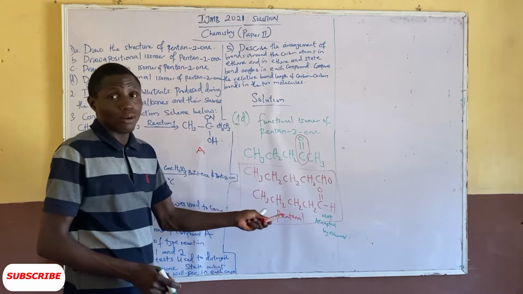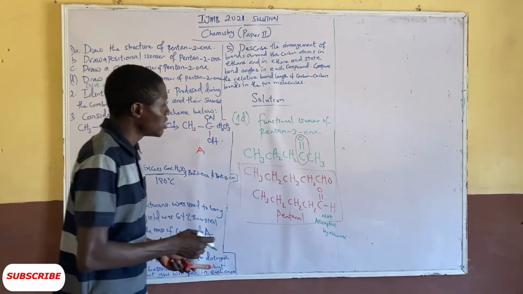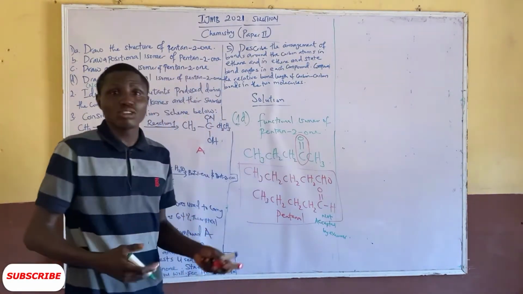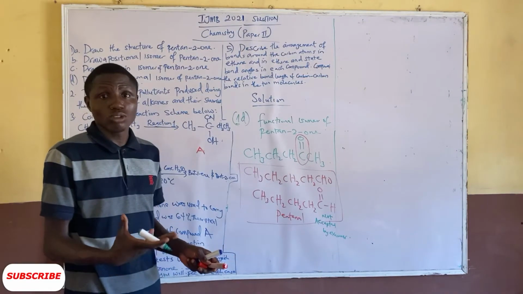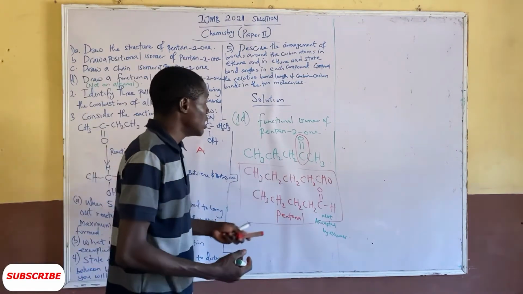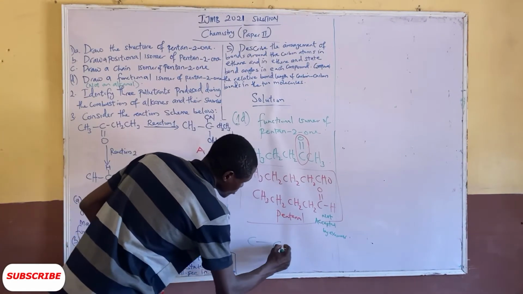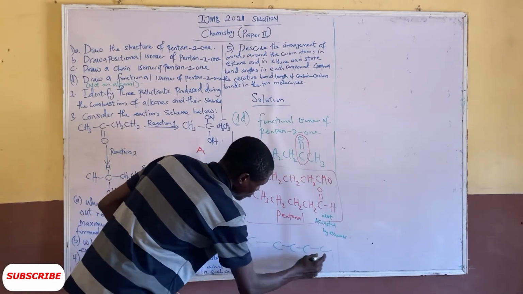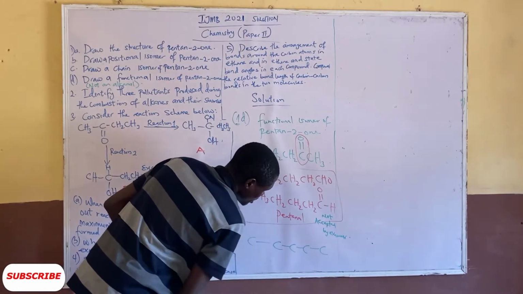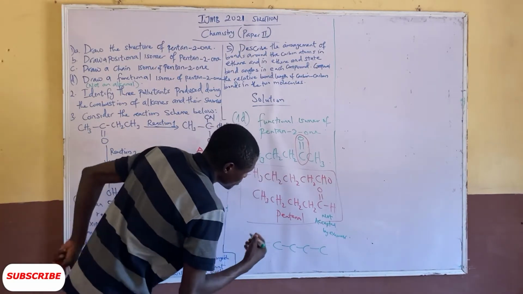Since we have a double bond here, why can't we also introduce a double bond into this compound? Let's write the 5 carbons first, then introduce the double bond into this group.